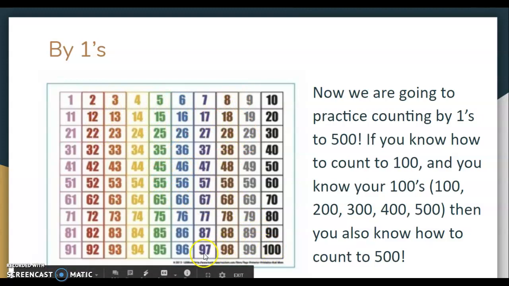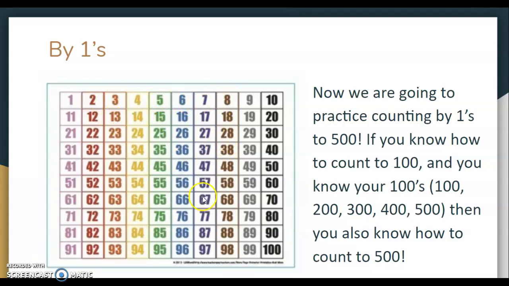You get 197, 198, 199, then the next 100 is 200. So 199, 200, and then go back up to the top, 201, 202, 203, and you keep repeating.